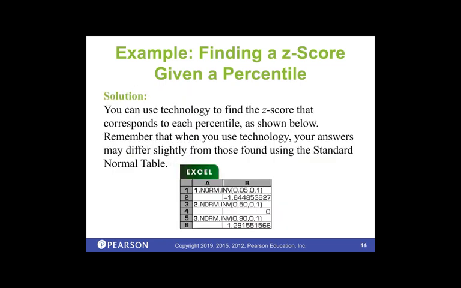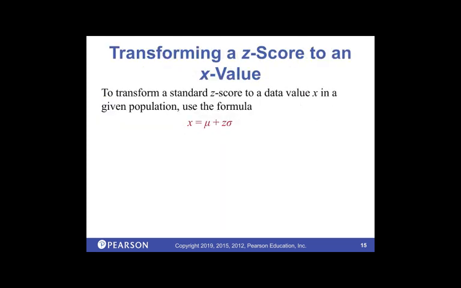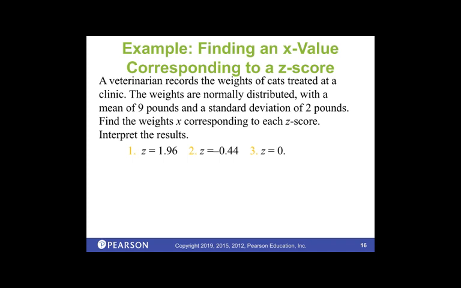Okay. And we can actually use Excel to work backwards. So to transform a z-score to a data value, I pretty much just plug it into the original formula and use algebra to work backwards. So to convert x to a z-score, the z-score is going to be x minus mu divided by sigma, all right?